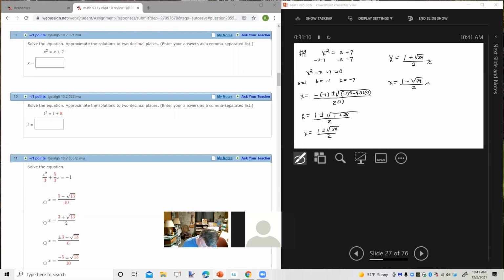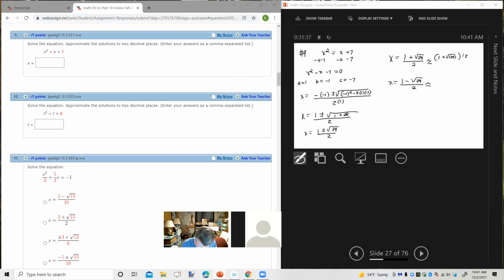But now we're going to go back and use the calculator. And so I'm going to put in parentheses 1 plus the square root of 29, close it up, close up the whole thing, divided by 2.